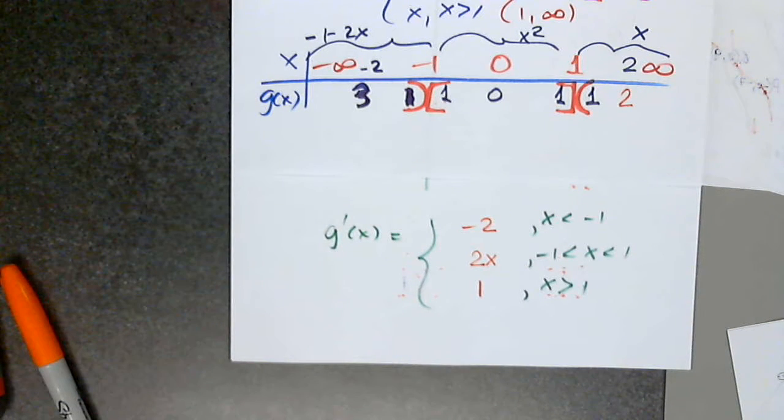On the left-hand side, the slope was -2, and on the right-hand side, the slope was -2 at that point. But it didn't happen at 1. The slope on the left was 2, and the slope on the right was 1. What did we conclude? That the derivative will have a what at 1? A jump, indeed. Very good.